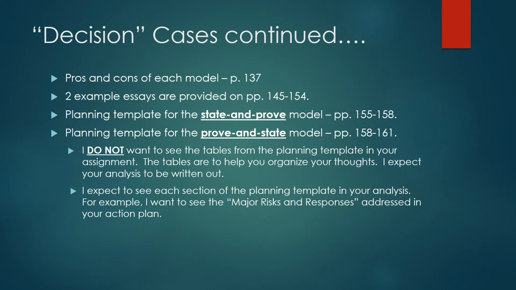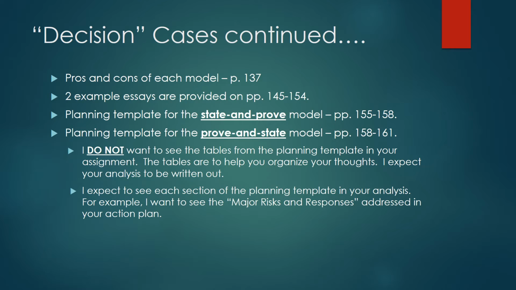One of the questions that I get from students quite frequently is trying to decide which model to use with a decision case. We see on page 137 the pros and cons of each model, so I'd like to take a minute to go over those. For the state and prove model, for the pros, we see that the reader is going to know what you think.